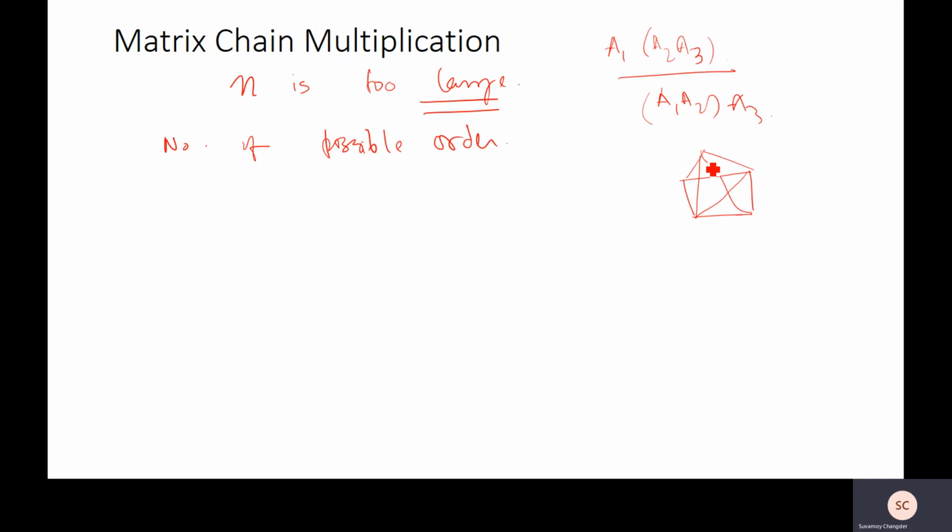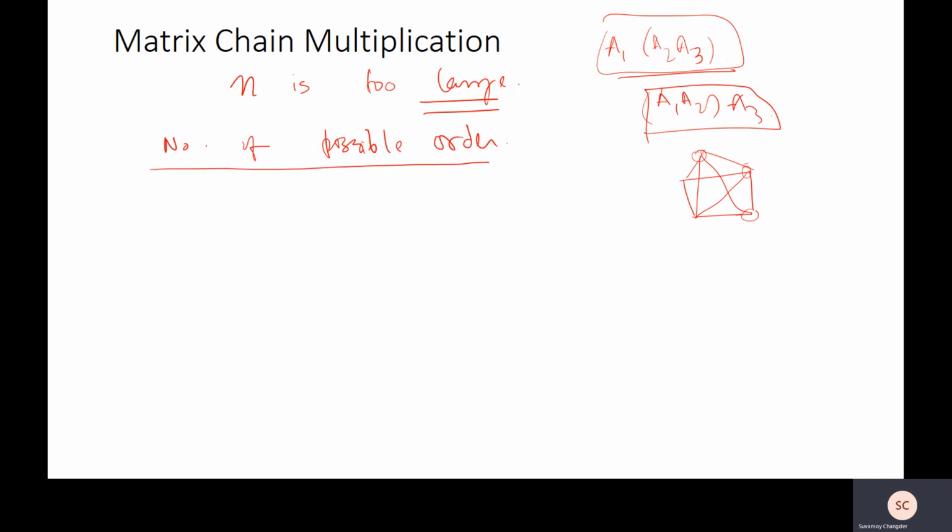If we connect three different vertices, then that is a triangle. So here also we are finding different triangles. Optimum polygon triangulation and the parenthesization problem are all similar to this problem, and we can solve it using the dynamic programming method. Before that, let us find the number of possible orders.